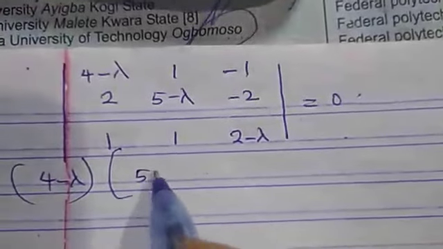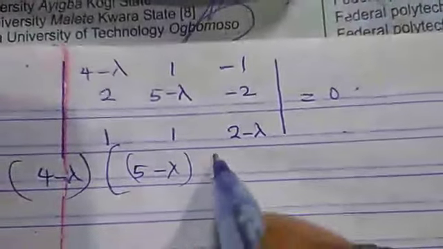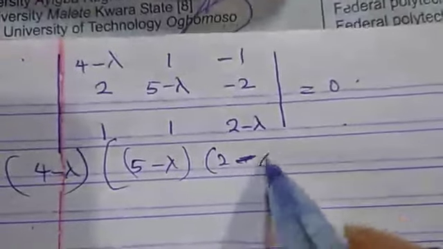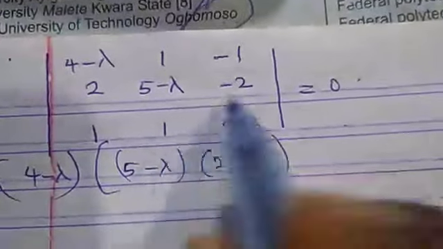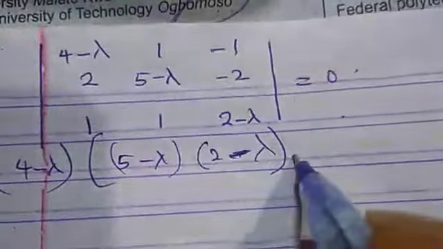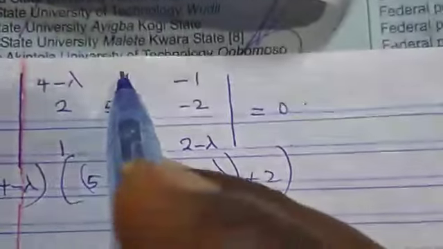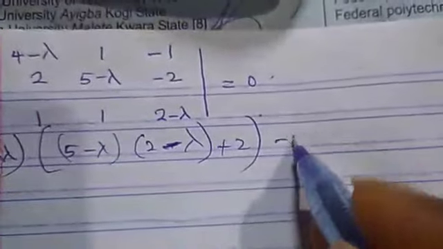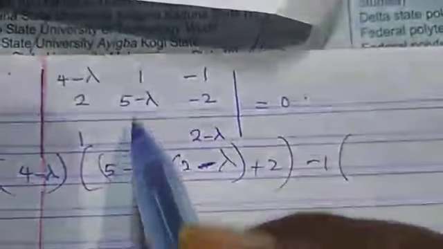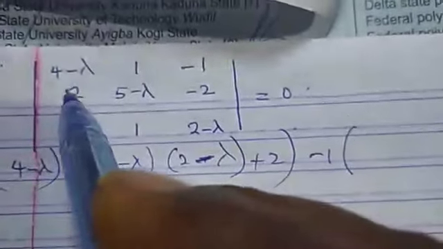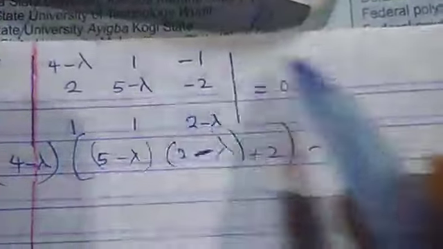That will be 5 minus lambda into 2 minus lambda, minus this times this. That will become plus 2. Followed by this, we have minus 1 into, when we find the determinant here, we cancel this, it will be 2 times this minus this.